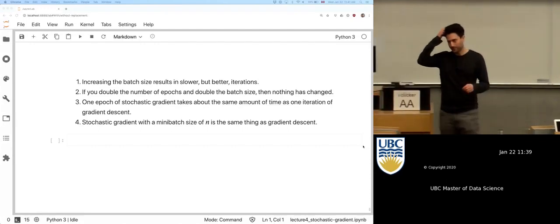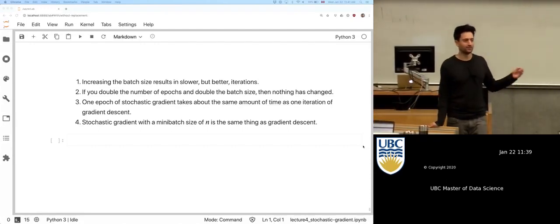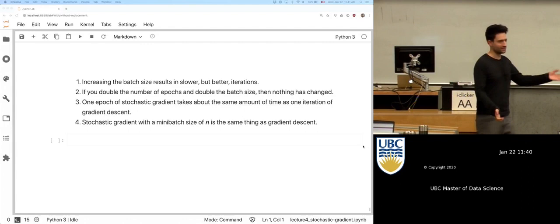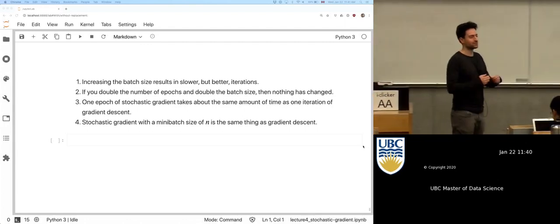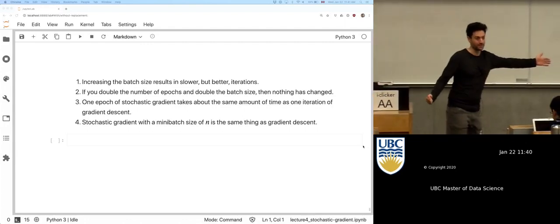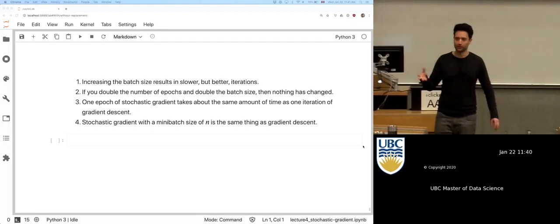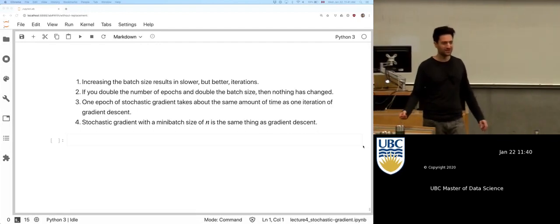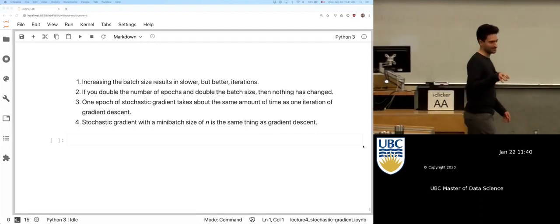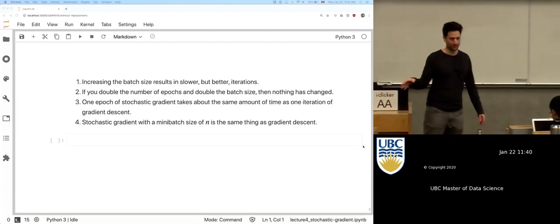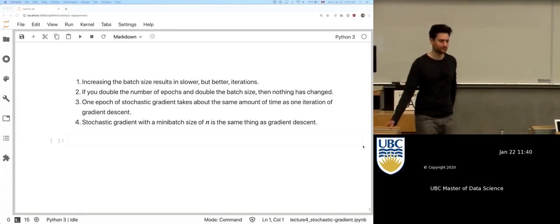So by changing the number of epochs, I'm always changing something because I'm looking through more data points in total. But I kind of tried to throw you off by saying also double the batch size, and that means that something hasn't changed, which is again the number of iterations.